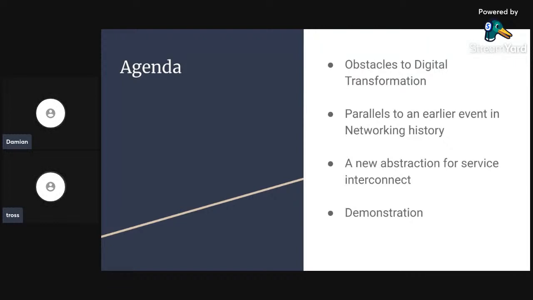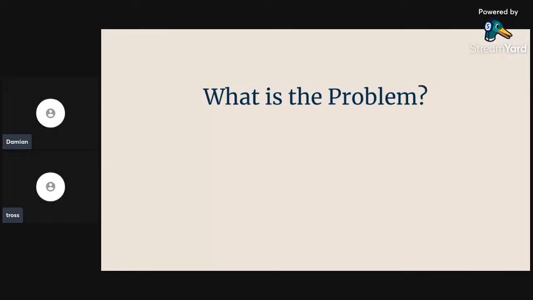I'm going to draw a parallel to an earlier networking history. I'm going to try to make my point here, see how that goes. And I'm going to introduce a new abstraction for service interconnect, connecting components of distributed software systems together. That is what the Skupper project is all about. And at the end, I'm going to do a demonstration.